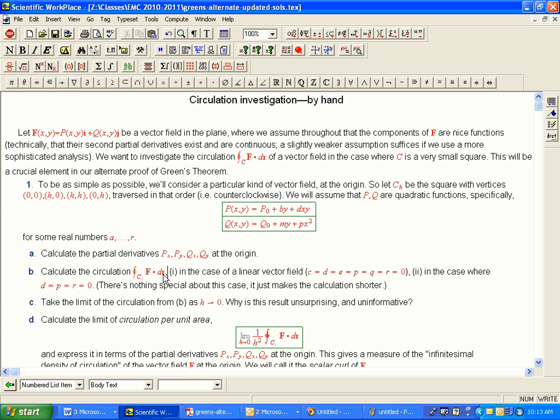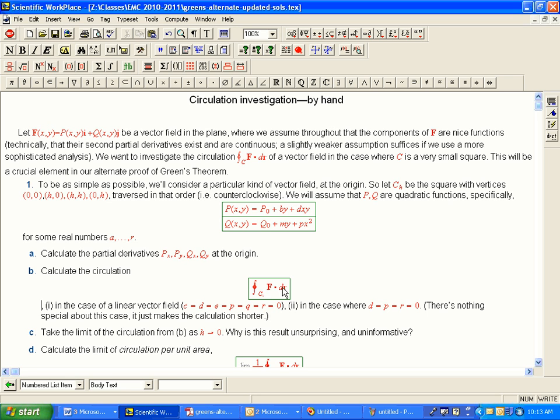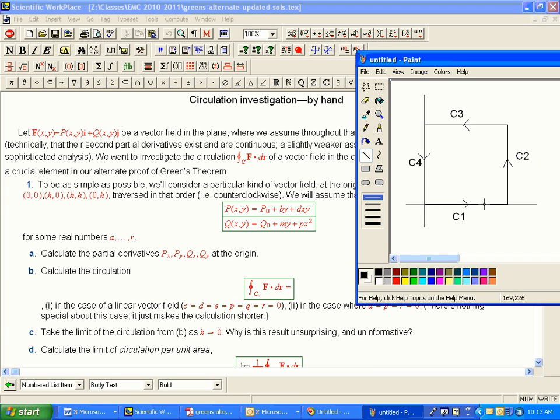Okay, so let's see. What I want to do is grab this and calculate this guy. The first thing to note is the curve here. It's the square going from 0,0 to h,0 to h,h to 0,h, going around counterclockwise. That's 4 pieces, and I'll call the pieces C1, C2, C3, C4.